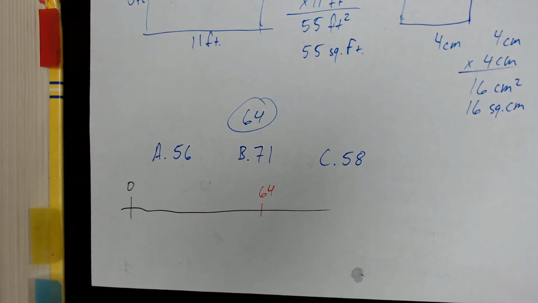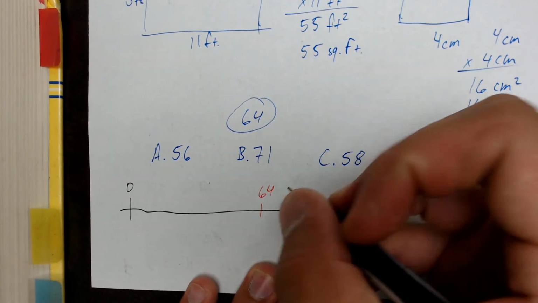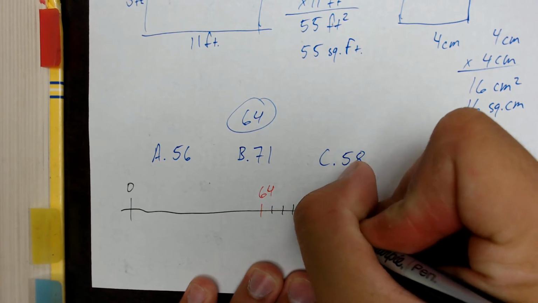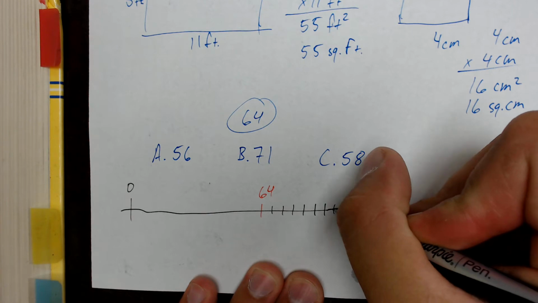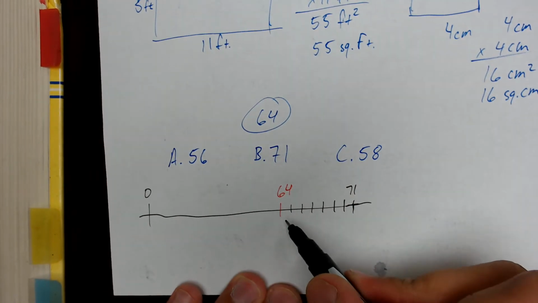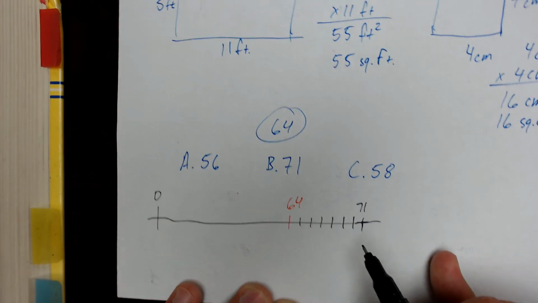So I can just take my pen and I can mark up to 71. So 64, then I've got 65, 66, 67, 68, 69, 70, 71. I'll extend my line a little bit more. All right, so 71 is over here, right? And that is 1, 2, 3, 4, 5, 6, 7 units away from 64.